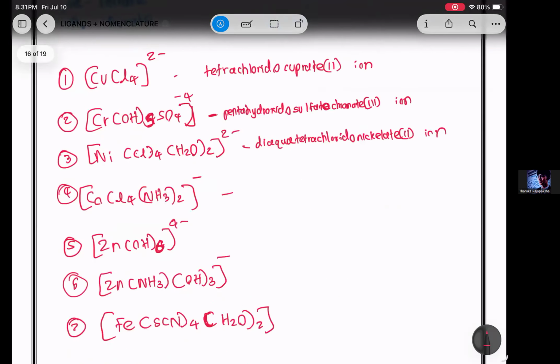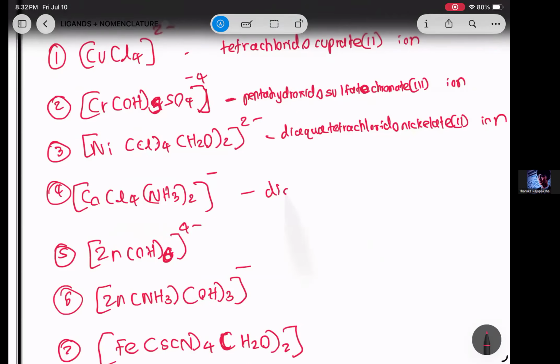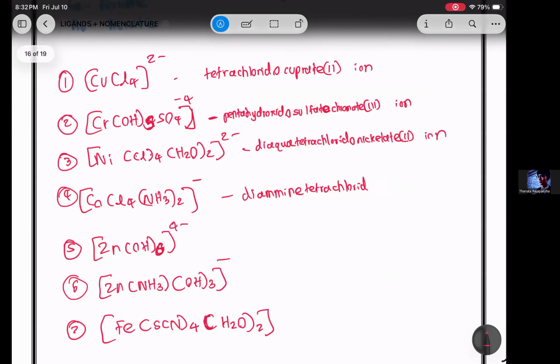For this one, fourth one, diamine tetrachlorido, not chloro. There is a famous mistake which some students make. They are writing chloro. Chloro is the oldest method. Now we don't use chloro. We write chlorido.